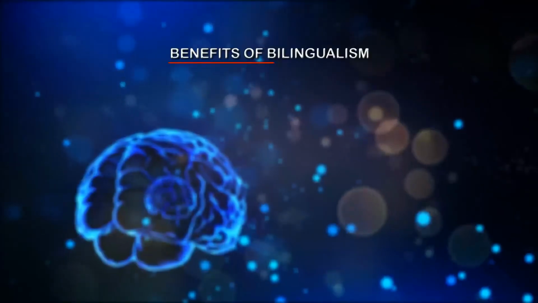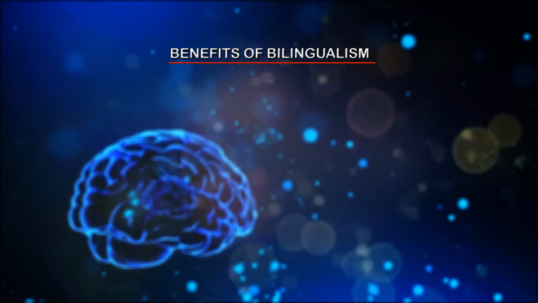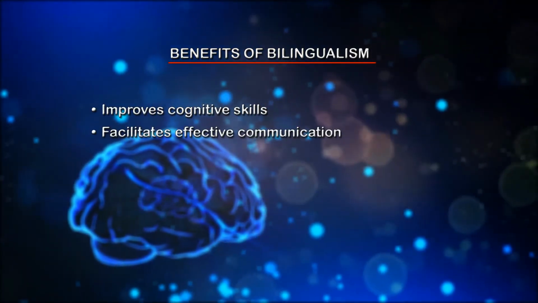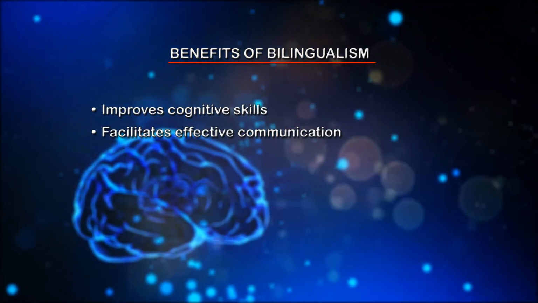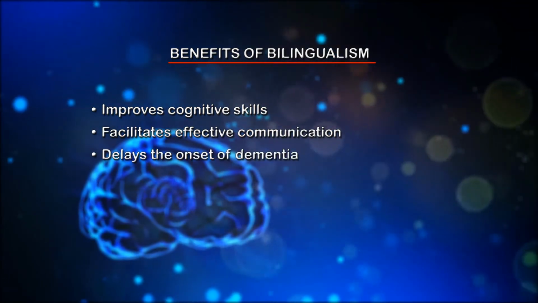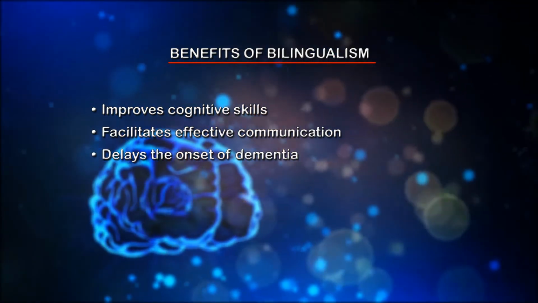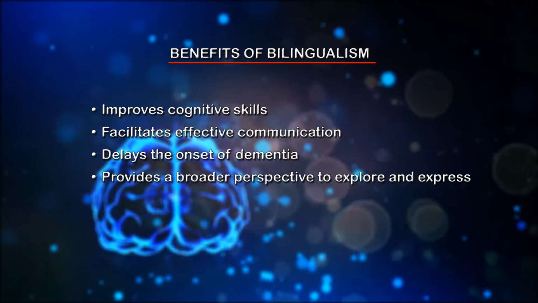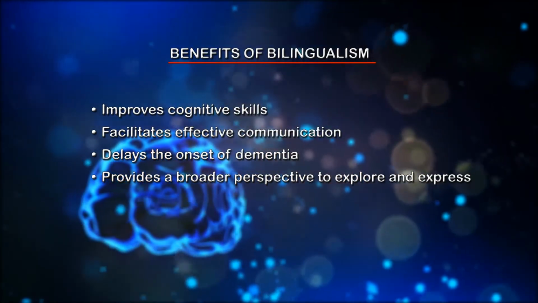Also, it is at this period a child has to be exposed to bilingualism, that is, learning two languages at a time. Bilingualism improves cognitive skills, facilitates effective communication with more people, delays the onset of dementia, and provides a broader perspective to explore and express several ideas.